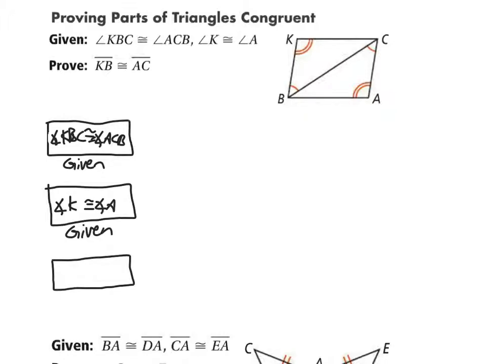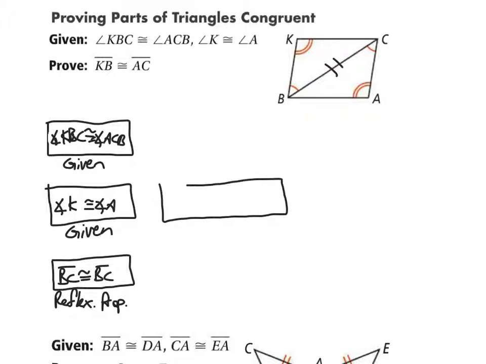And we need another piece of information. Line segment BC is congruent to line segment BC. Excellent. Those pieces of information are telling us something specific. All right, telling us triangles are congruent.